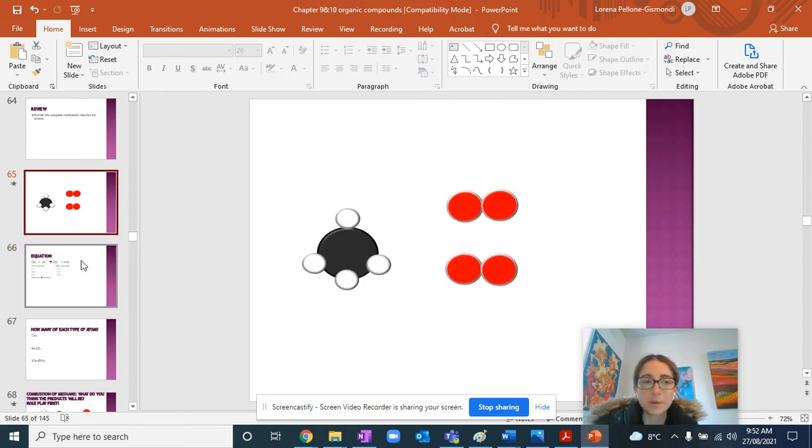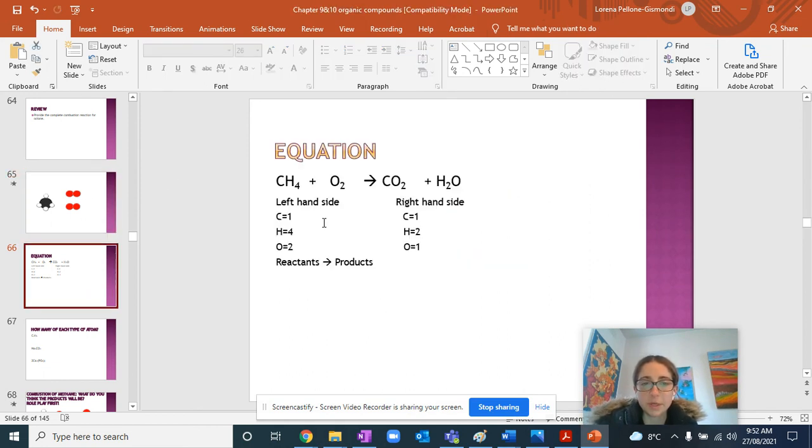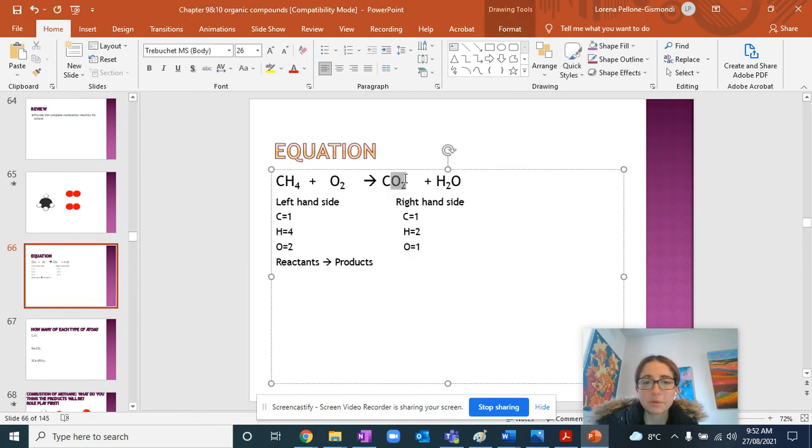So that's why we actually had 2 oxygen molecules, because if we want to balance, we need to make sure, oh, actually we've got 3 oxygen atoms, sorry. We have 2 here and 1 here.